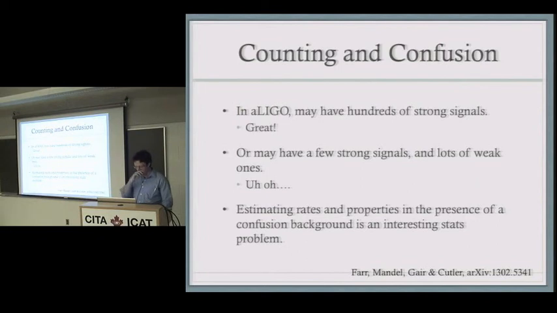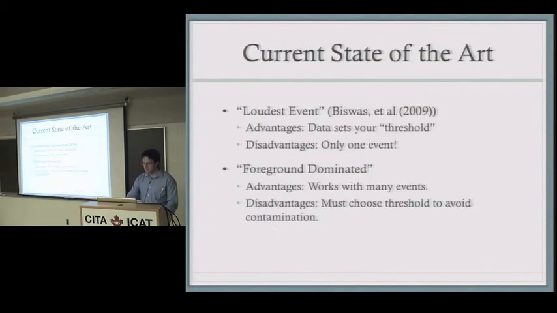I am trying to argue, and I'm going to try to show you right now, that actually there is a lot of useful information in these weak signals. So a catchy tagline for this is extracting information from undetected things. That's what I mean when I write that in my abstract.